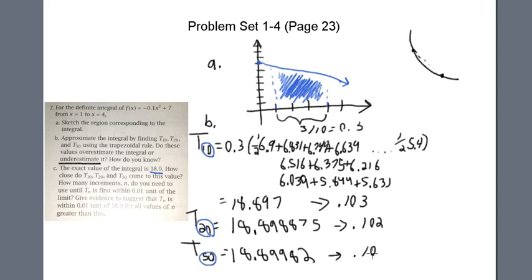Let's see, how many increments n do you need to use until T of n is within 0.01 unit of the limit? You have evidence to suggest that T of n is within 0.01 units of 18.9 for all values of n greater than this. Now this would take quite a lot of work as well, but you pretty much have to assume, if we look, 10 is 0.103, 20 is 0.102, 50 is 0.101, it's pretty slowly getting up there.